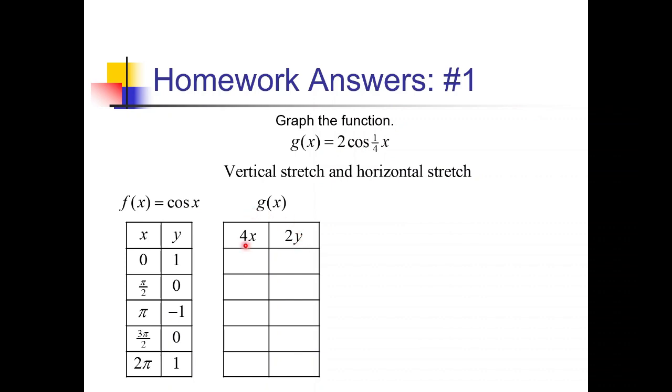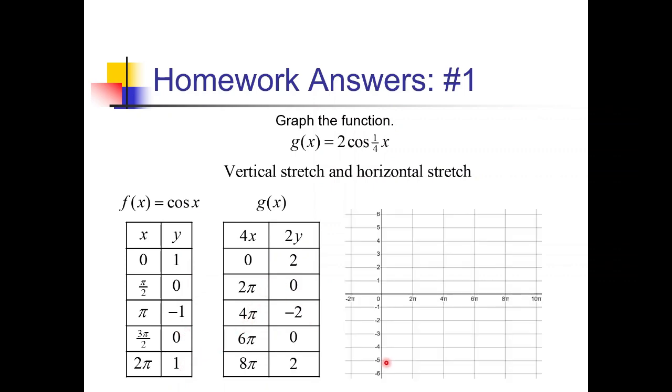So we've got 4 times all the x values, so 0, and 4 times pi over 2 is going to be 2 pi. 4 times pi is 4 pi. 4 times 3 pi over 2, that's going to be 2 times 3 pi, which is 6 pi. And 4 times 2 pi is 8 pi. Now multiplying 2 by all these y values, we've got 2, 0, negative 2, 0, and 2.